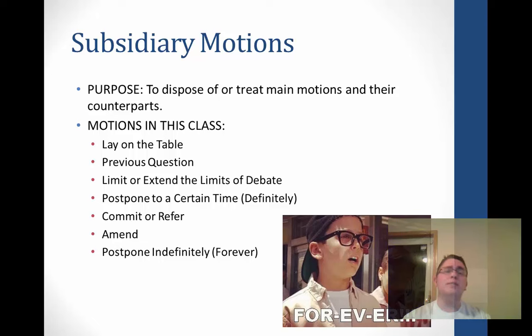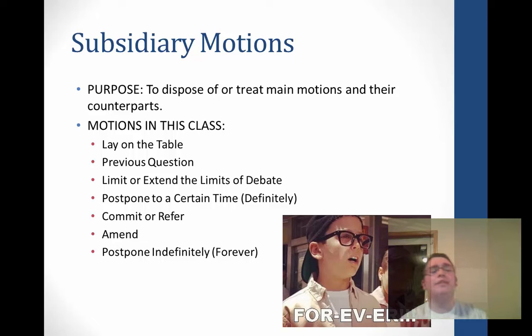Previous question is a motion where you feel that debate is getting very, very lengthy and you just want to say, I move the previous question so that the motion goes straight to a vote and there's no more debate or discussion on the motion. Limit or extend the limits of debate. This is a great tool that's used when you feel that people should be able to talk about a motion more deeply or more restrictively by the bylaws that are put forth.